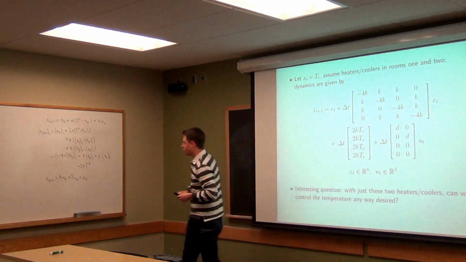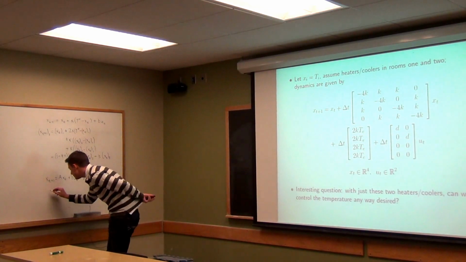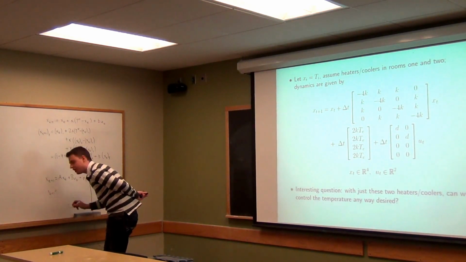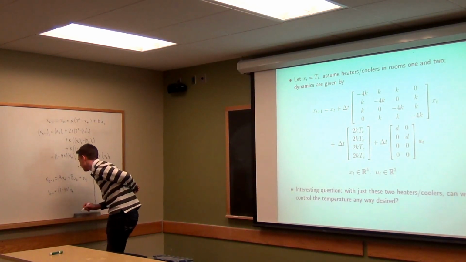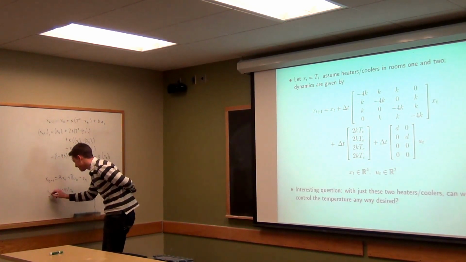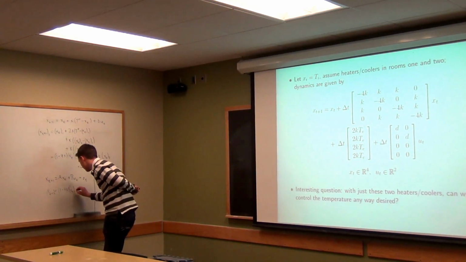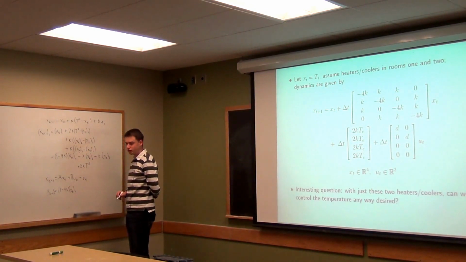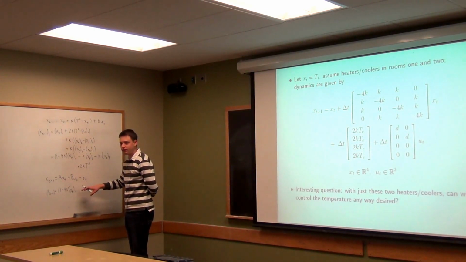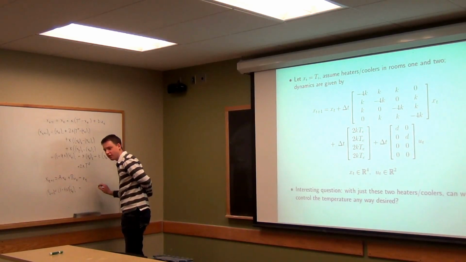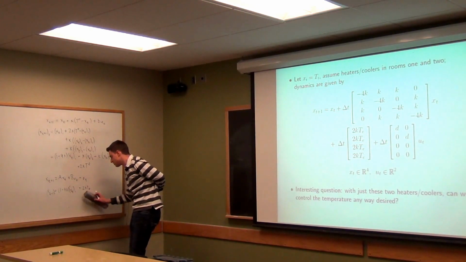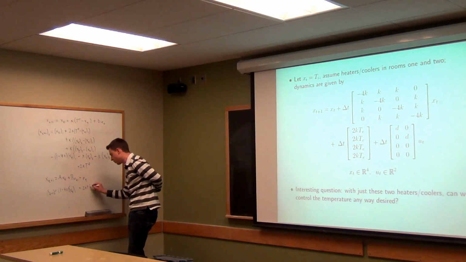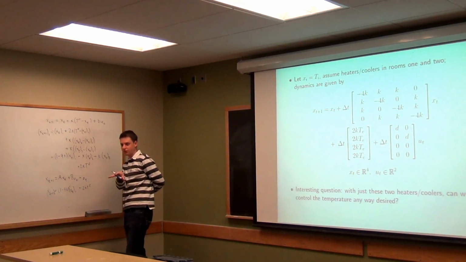Your next state, xt plus 1, equals 1 minus 4k times xt. So you're subtracting a lot from here, and then you're adding some external temperature, some 2k TE here. So you have to play a few tricks to get the units to work out correctly in a situation like that.